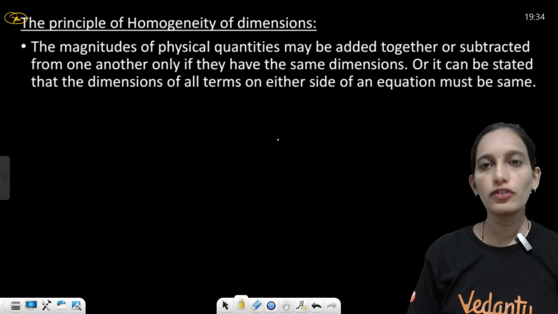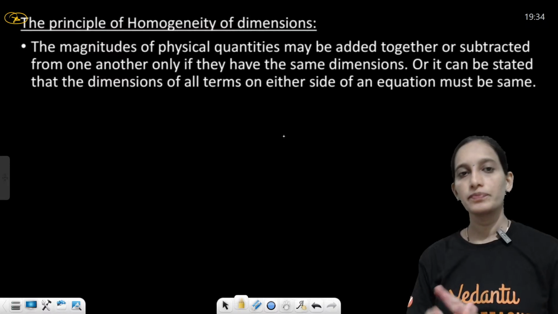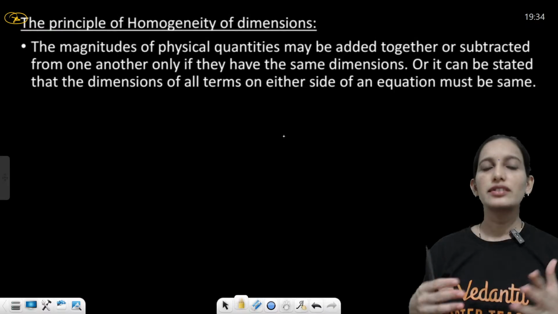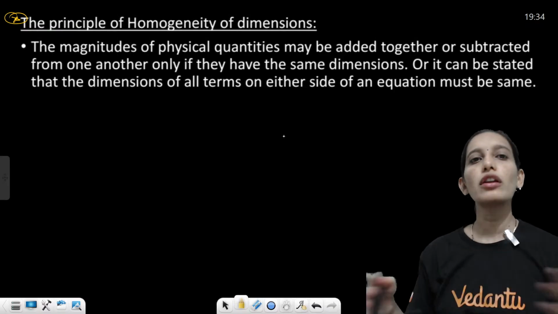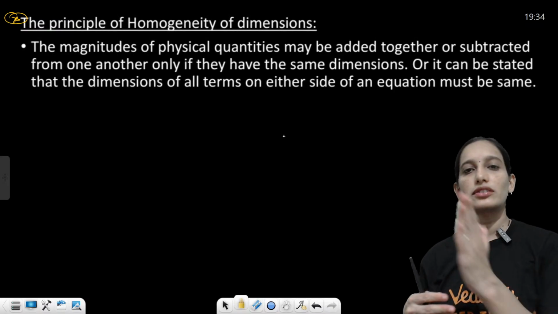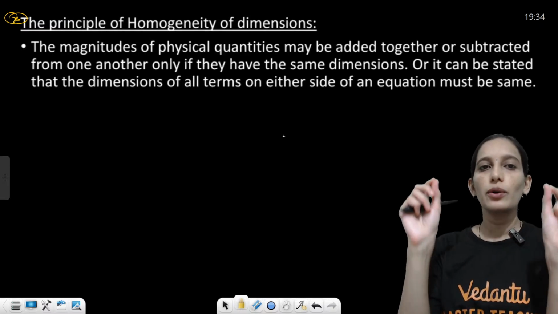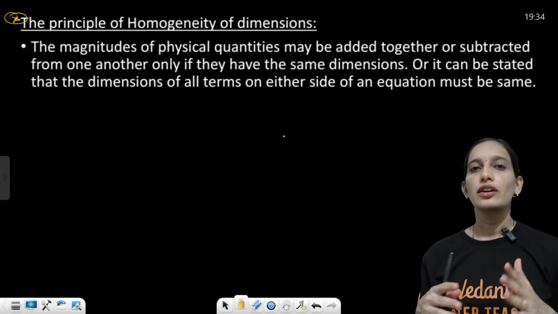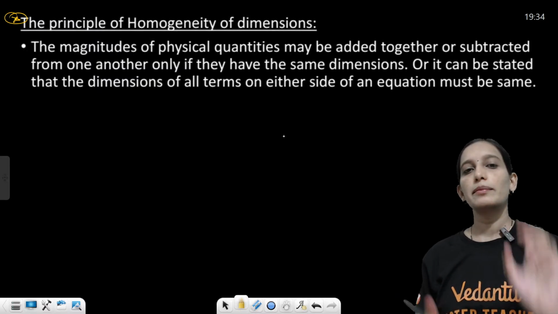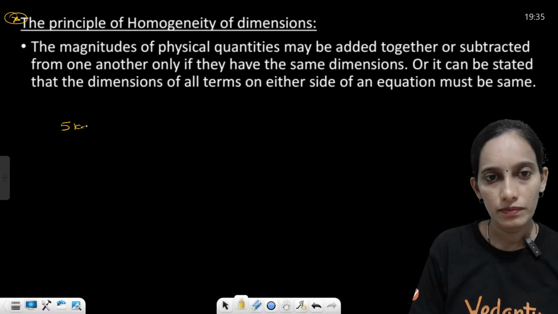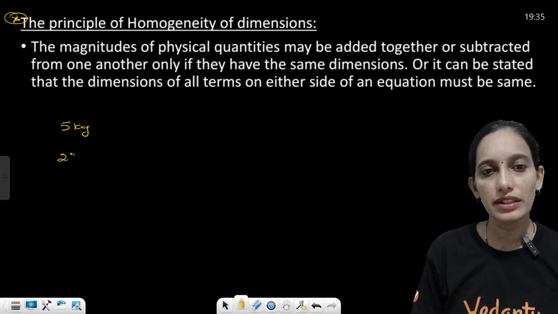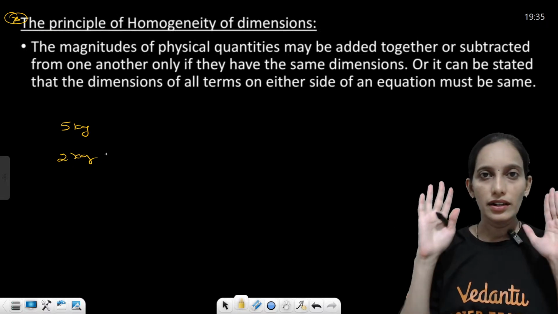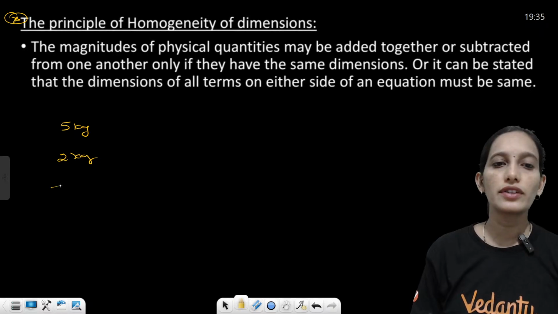So in the principle of homogeneity of dimensions, it's not something new I am telling you. You all know it. You have done all this till today, but we are putting it in a word like principle of homogeneity of dimension. So what is the meaning of it? I'll tell you, there's a mass of 5 kg and there's a mass of 2 kg, and I tell you to add, without any doubts or question you say, okay, after adding I get 7 kg.